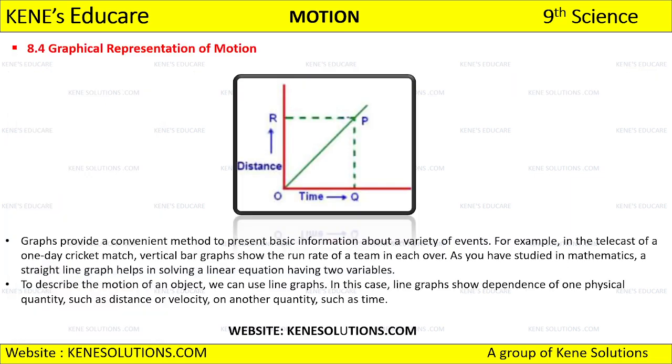Then we discussed the graphical representation of motion, and I hope every one of you is going through it properly.